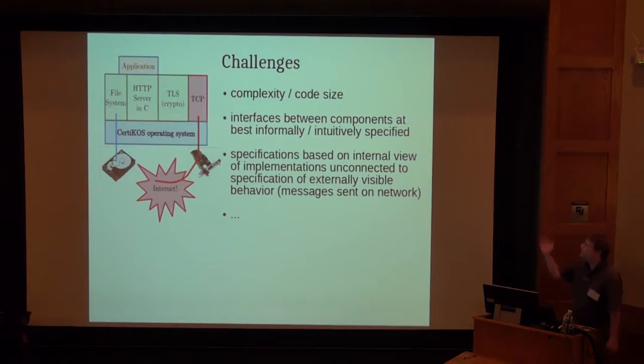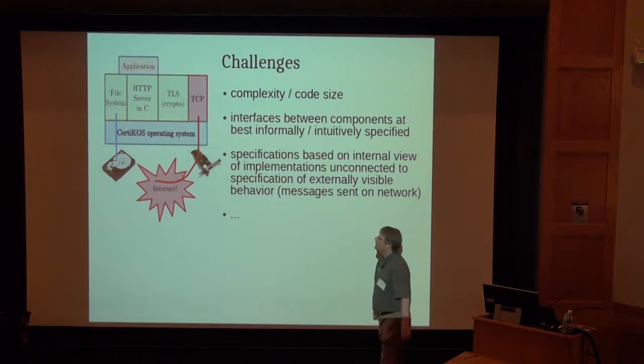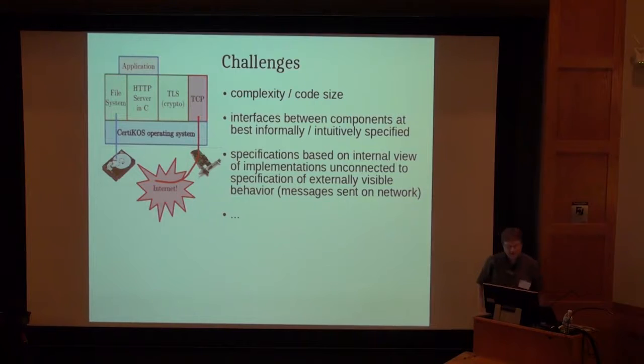All right, so what are the main challenges? Well, none of these components are exactly small. So we've already seen that formalizing models of these systems might help beat the complexity, but still that is a challenge. The interfaces between all of these components, for example, just between C and an operating system, are not really well specified in the formal sense at present.